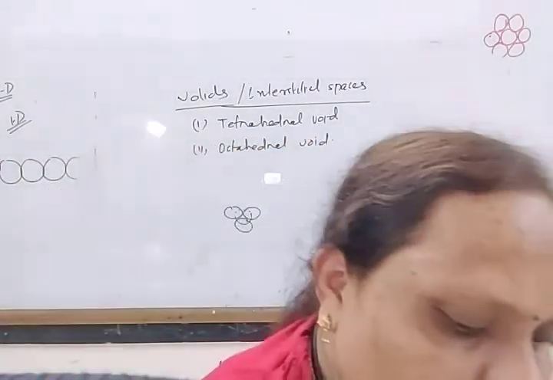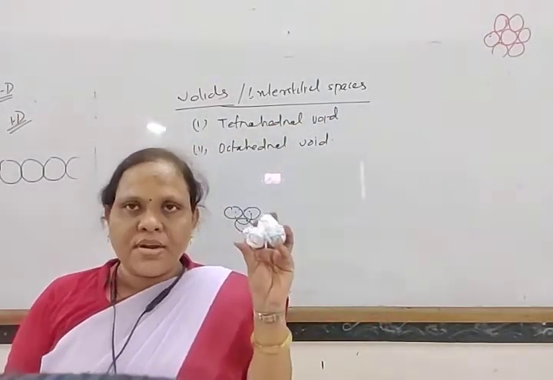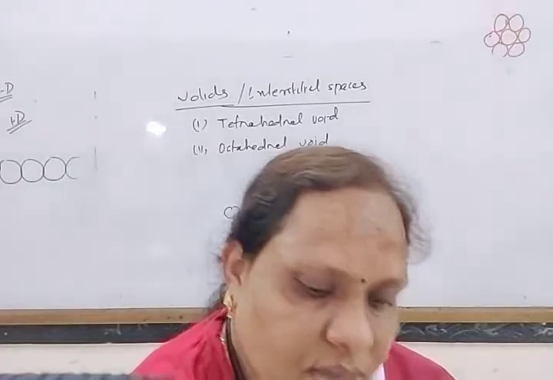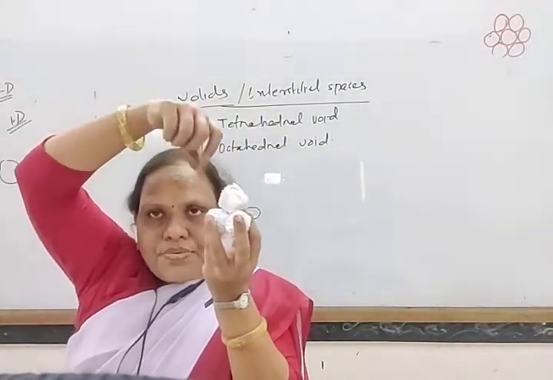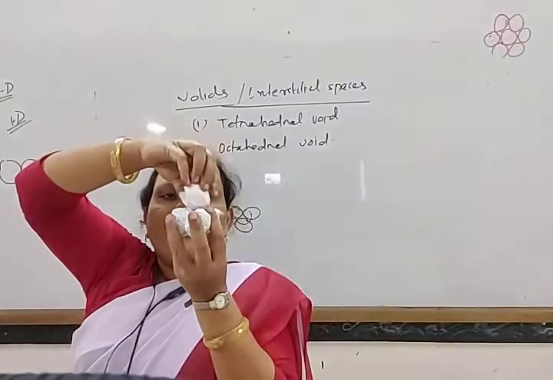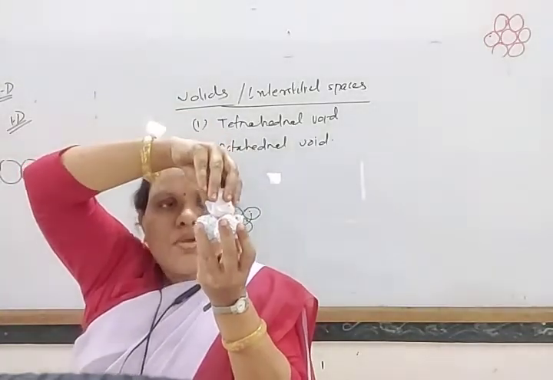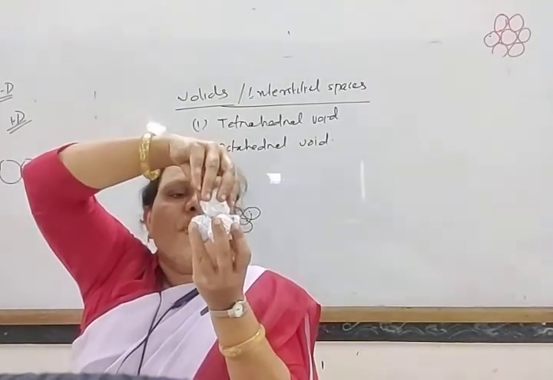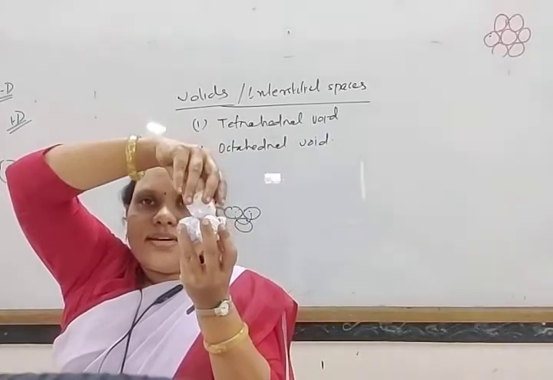Suppose we consider here three spheres. I have shown with this paper wall, there are three spheres, and another remains just above it. If you consider these spheres, there is this sphere and below there are three spheres. What is the interstitial space between them? That is called a tetrahedral void.